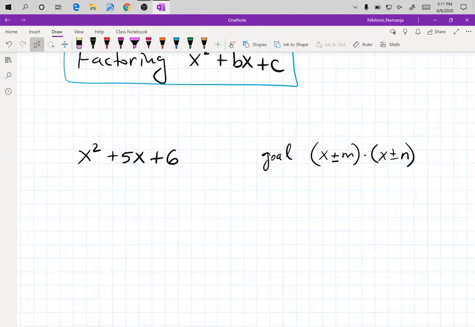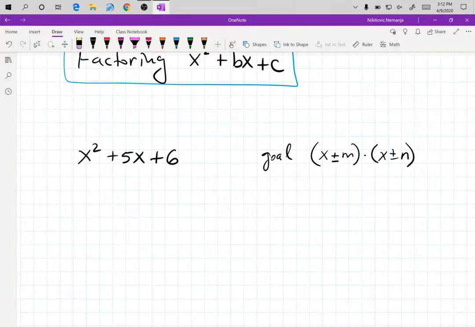So the fastest way, the way that is structured and easy, I would say, is to always find factors of c, and then just look at the list and see which of those factors would add into b.